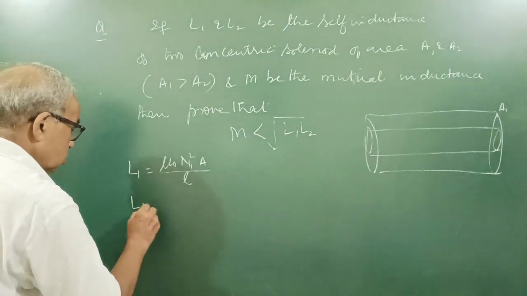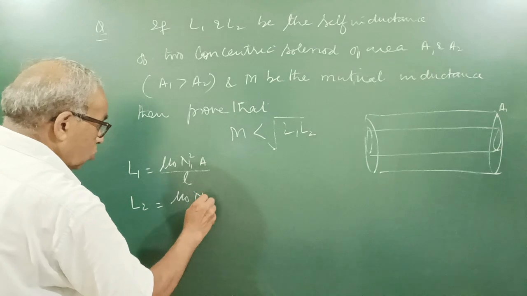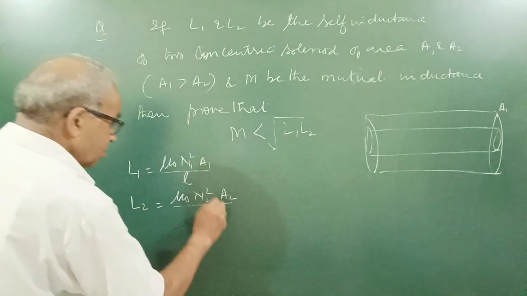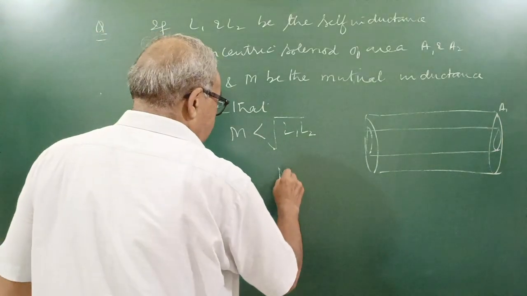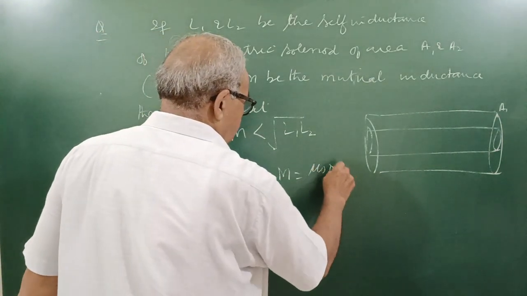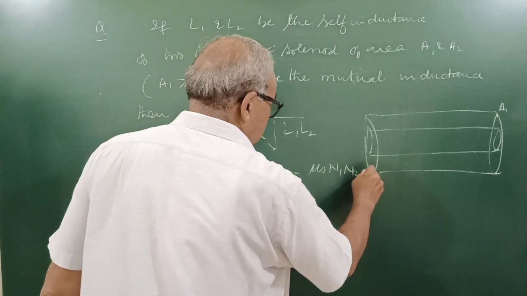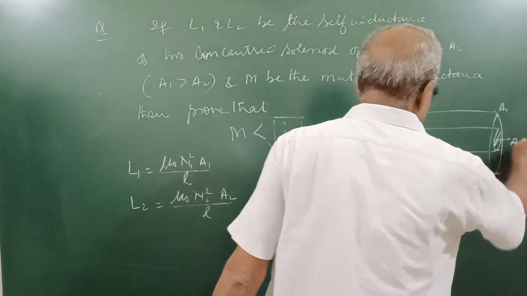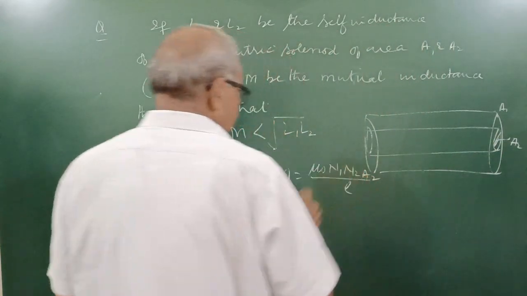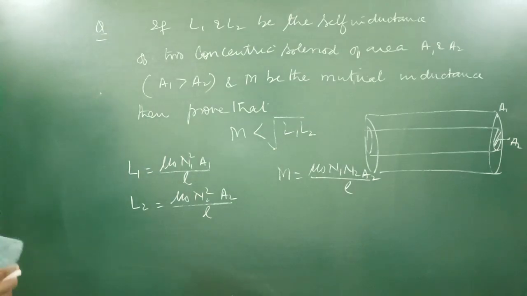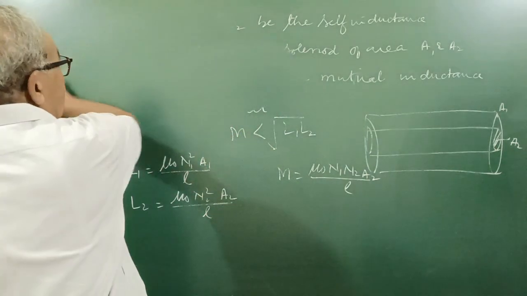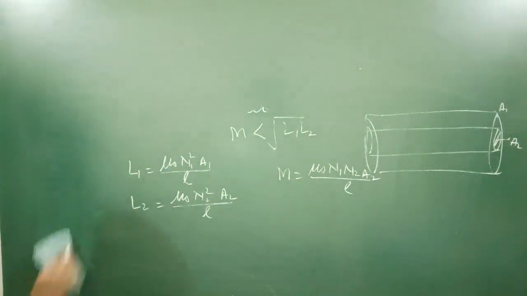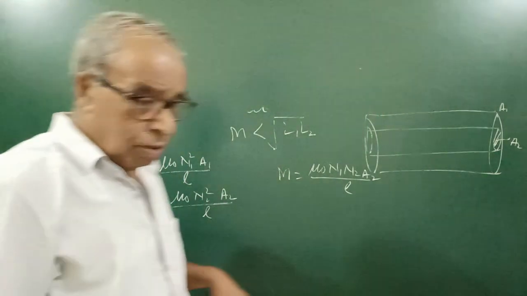And L2 equals mu 0 N2 square into A2 upon L. And M is equal to mu 0 N1 N2 into the inner coil's area A2 upon L. These three formulae should be known to you very clearly. Please start learning, start keeping the facts in your brain.